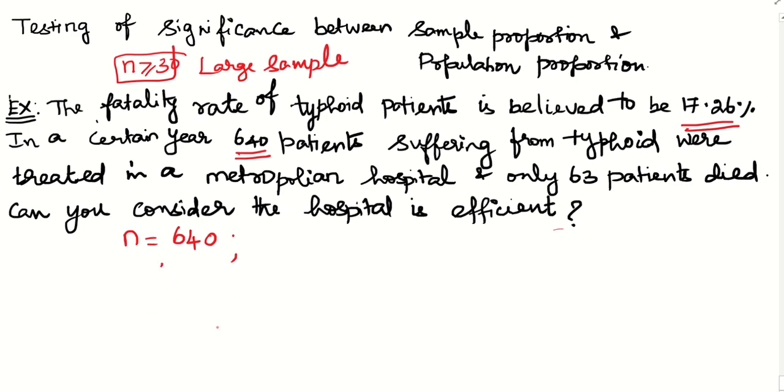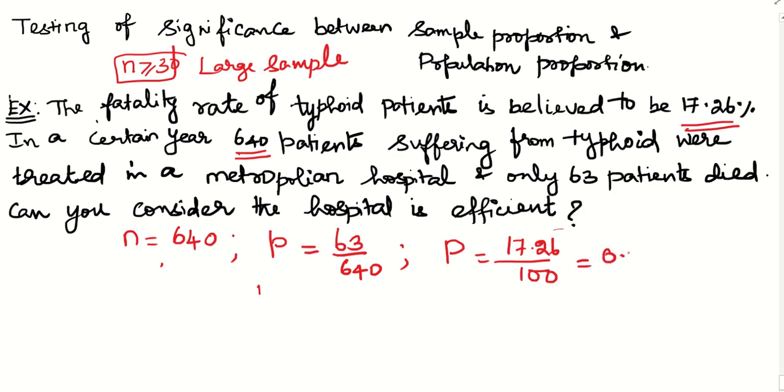The sample proportion small letter p is given by 63 divided by 640 and the population proportion capital letter P is 17.26%. So 17.26 by 100 is equal to 0.1726. So now we are going to test whether there is a significant difference between p versus capital P.